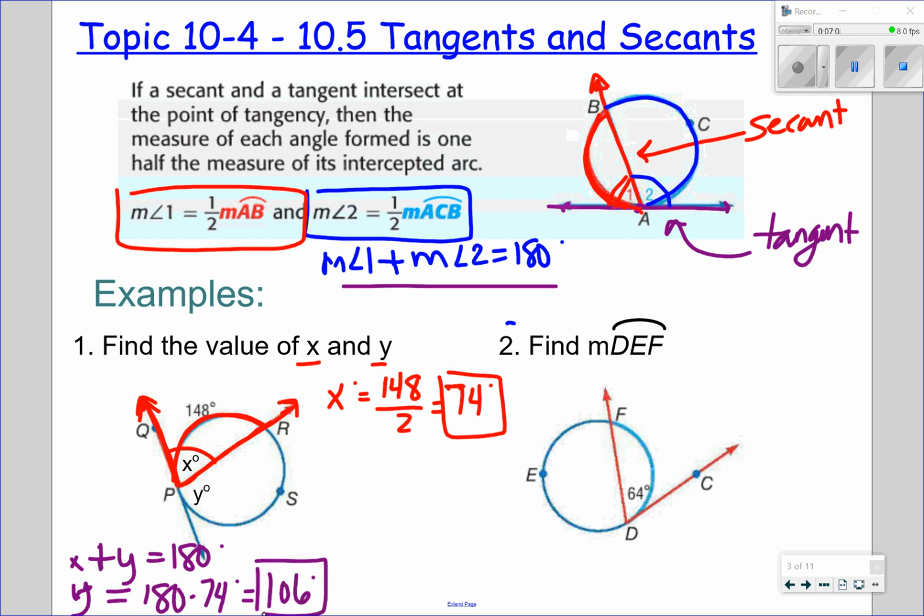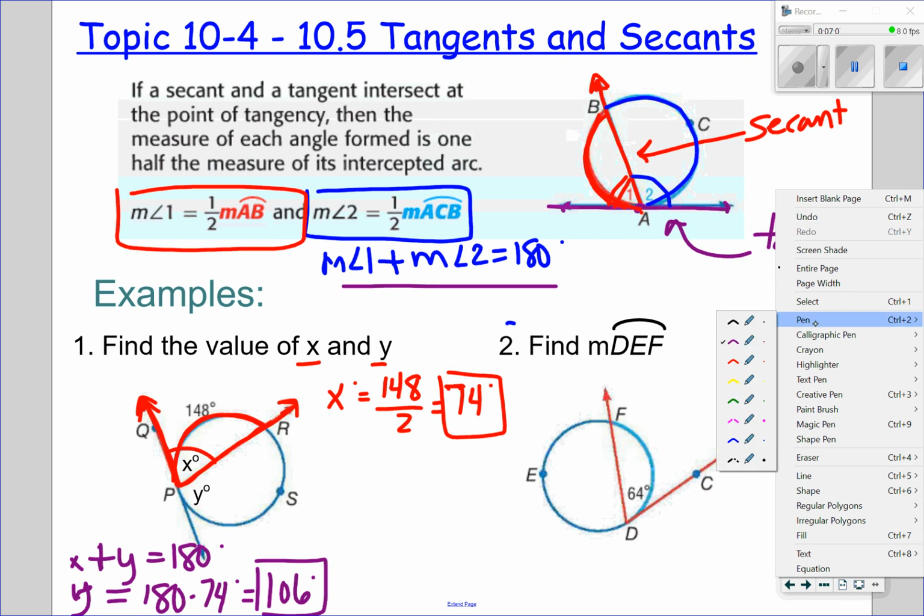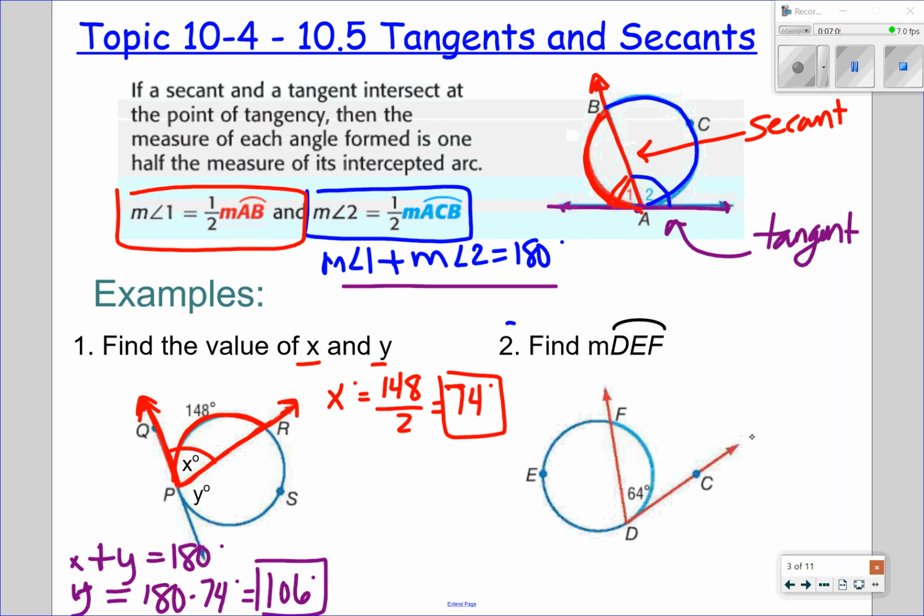The other way to find y is to think about the circle as a whole. And I'm just going to show you this so that you have this tool in your toolbox. But we know that y is this angle, and it should be half of this arc, RSP. So if I wanted to find the measure of arc RSP, I know that it's part of a whole circle, and then this 148 degrees was the other part.